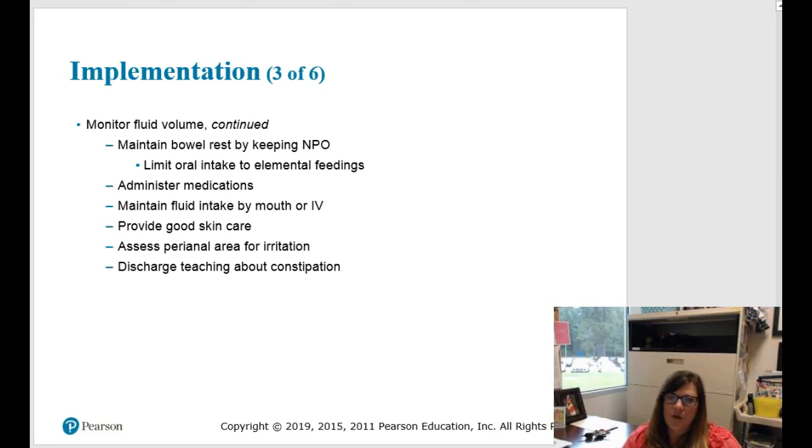Sometimes we want to give bowel rest, so we'll keep them NPO and limit their oral intake. Medicines as ordered, fluid and IVs, however it's prescribed. Good skin care, of course, skin integrity is going to be an issue when you have that many bowel movements. And discharge teaching.